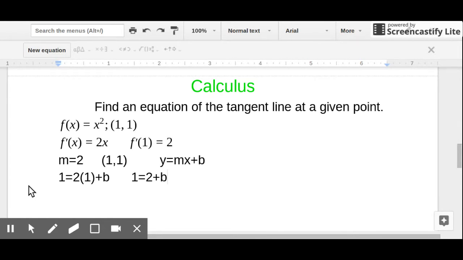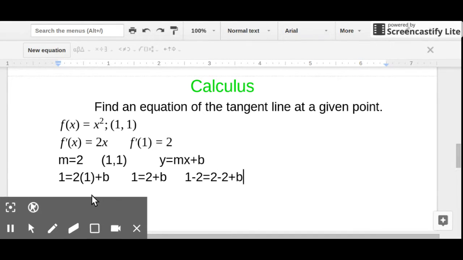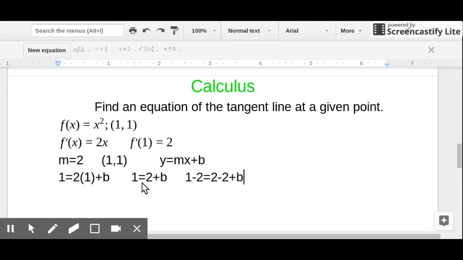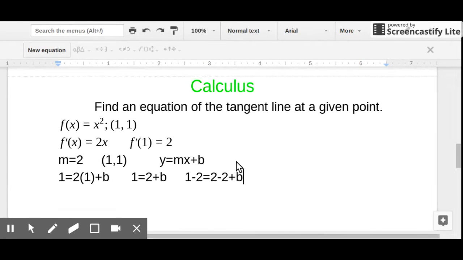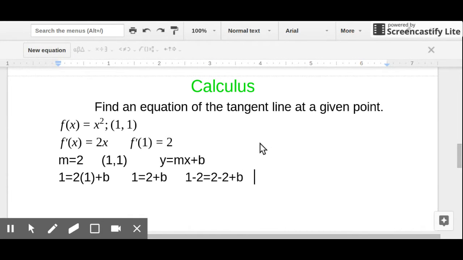We'll go 1 minus 2. We subtract 2 from both sides to isolate b. All I did was subtract 2 from this side and 2 from this side, and when we simplify, we end up with negative 1 is equal to b.